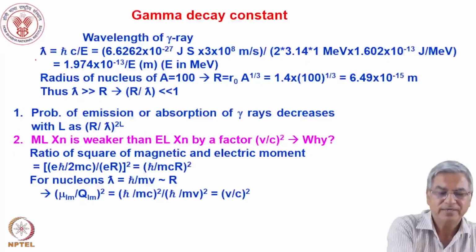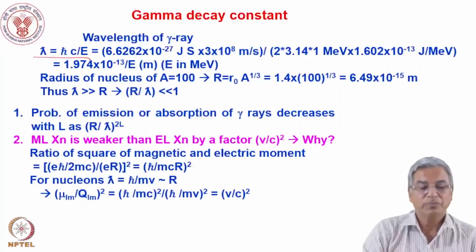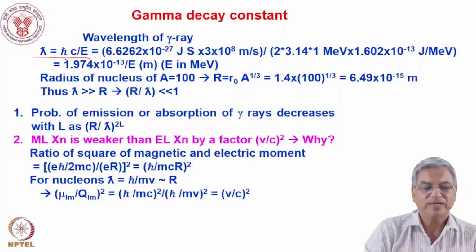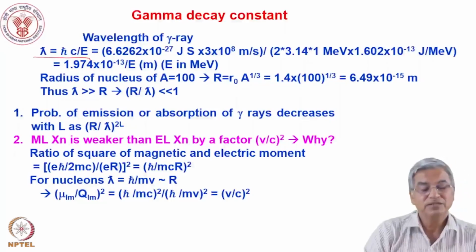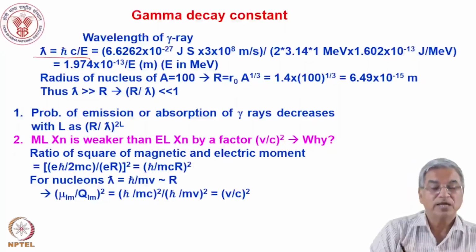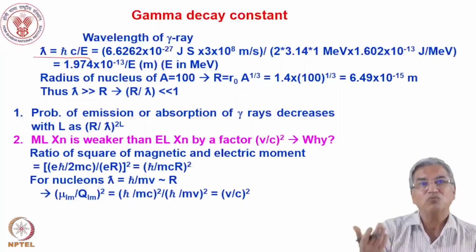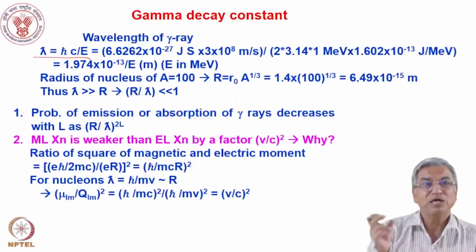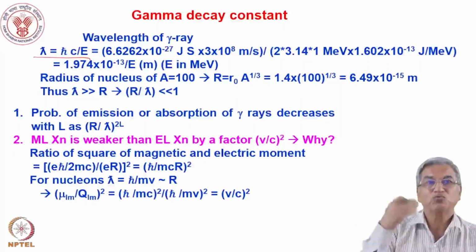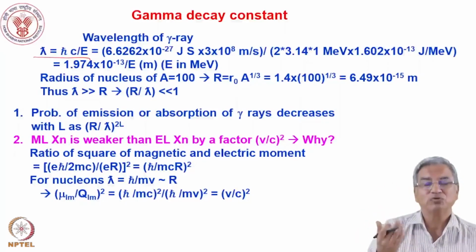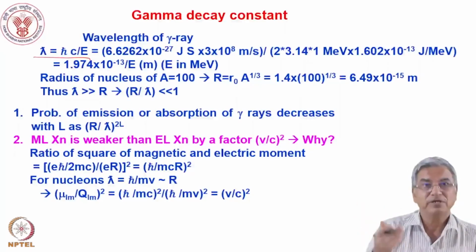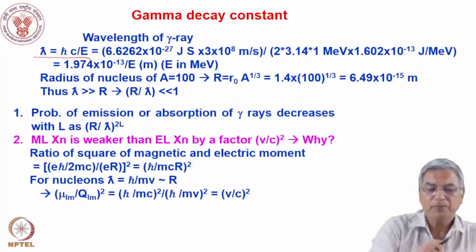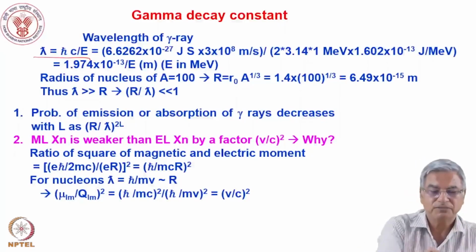For the gamma ray, the wavelength can be given by hc by E. We define here the reduced wavelength, lambda upon 2 pi, called the angular wavelength, because it is associated with the angular momentum. The gamma ray photon carries angular momentum, so like angular momentum, where we say h cross is h by 2 pi, similarly the associated wavelength we say lambda cross. So the wavelength of a gamma ray we can calculate based on hc by E.